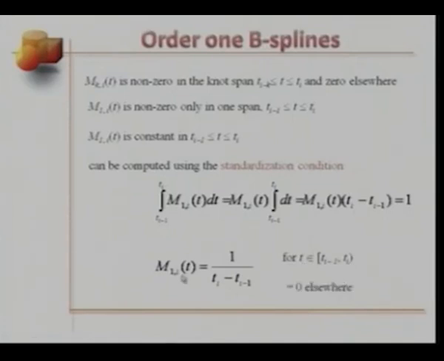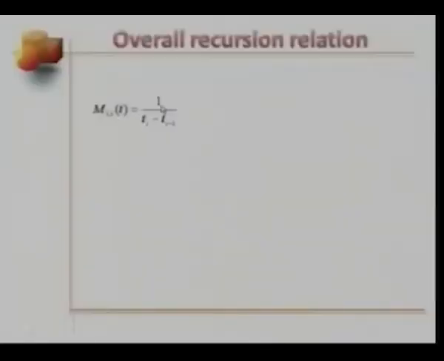And of course, m1i will be 0 for all other values of t. So the overall recursion relation looks like m1i(t) equals 1 over ti minus 1 for values of t in between ti minus 1 and ti, close bracket on the left, open bracket on the right, and it's 0 for all other values of t.